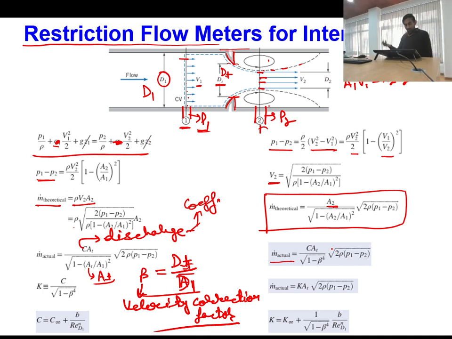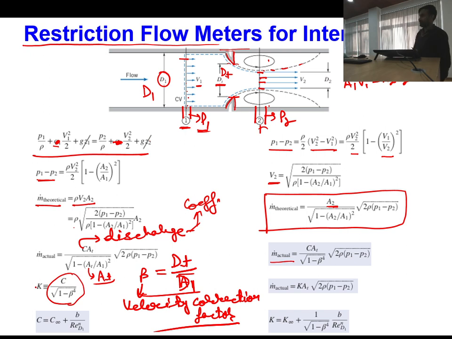Now, one more thing I can do is call this combination, C by square root of 1 minus beta to the power 4, a joint coefficient K, where K is called the flow coefficient.